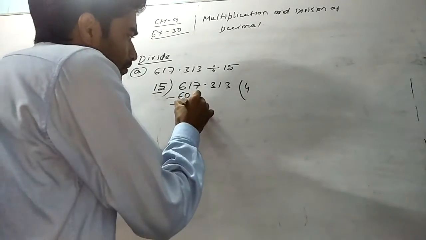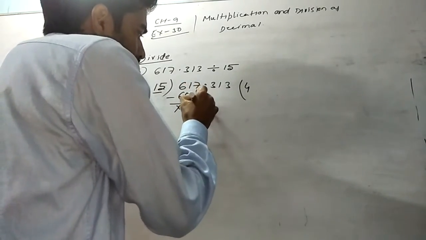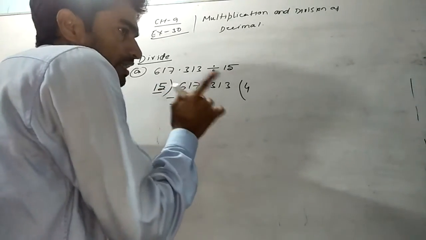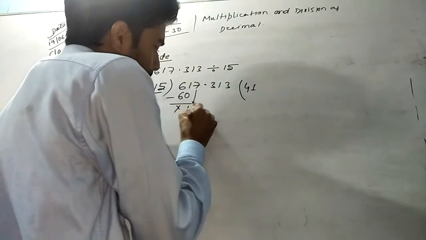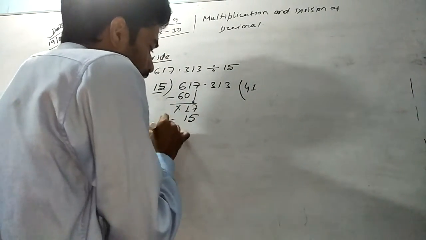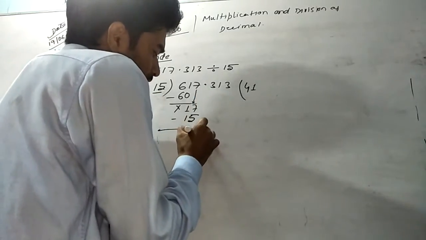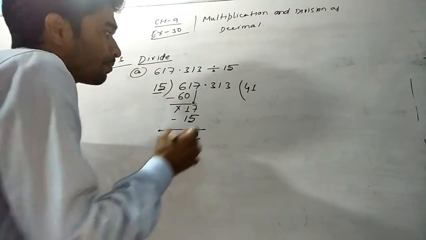Cancel, and put here this 7. 15 ones are 15, and 7 minus 5 is 2, and this is cancelled.